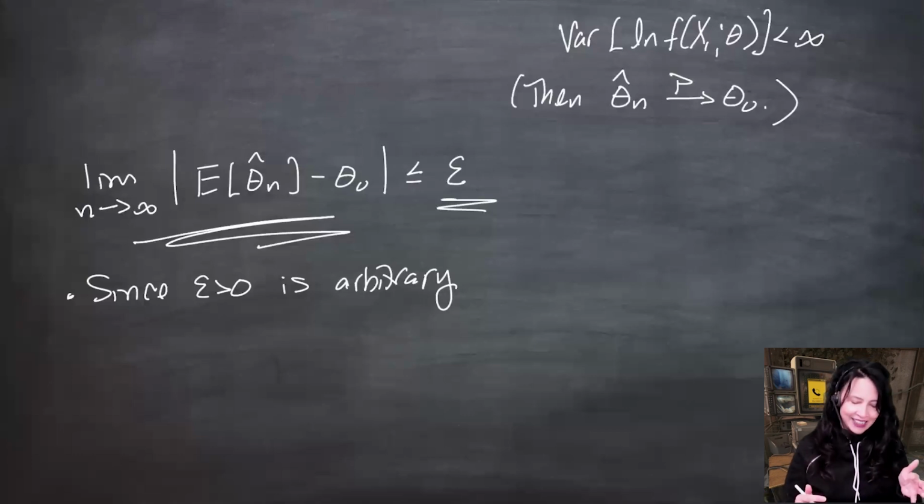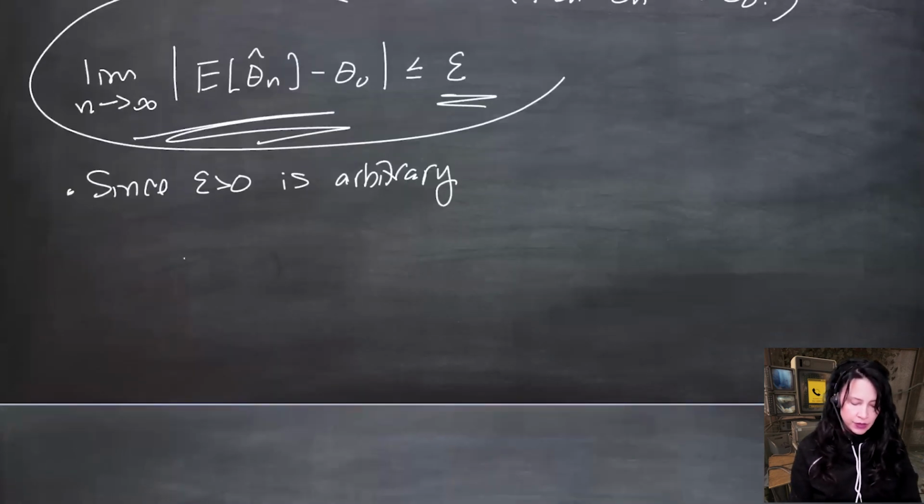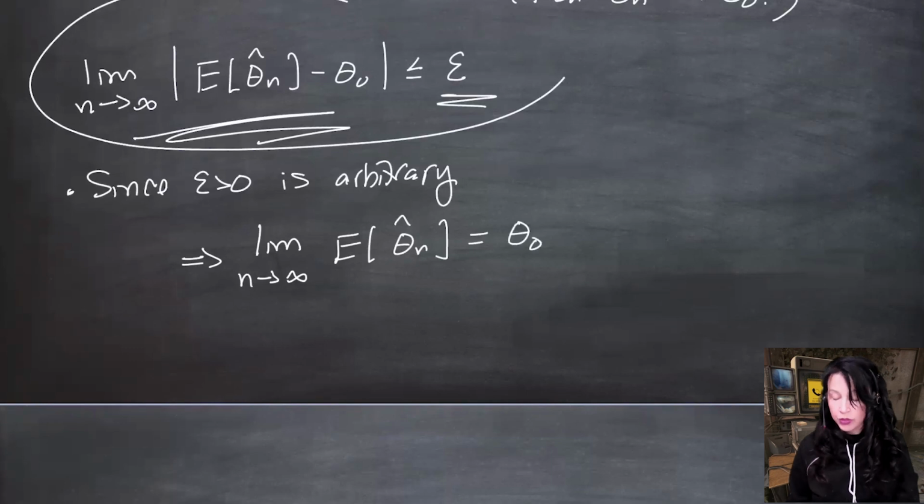You can't get a limit here that's guaranteed to be above 0. It must go to 0. So this implies that the limit as n goes to infinity of the expected value of the MLE is equal to the true parameter that generated the data. And that's what we wanted to show.